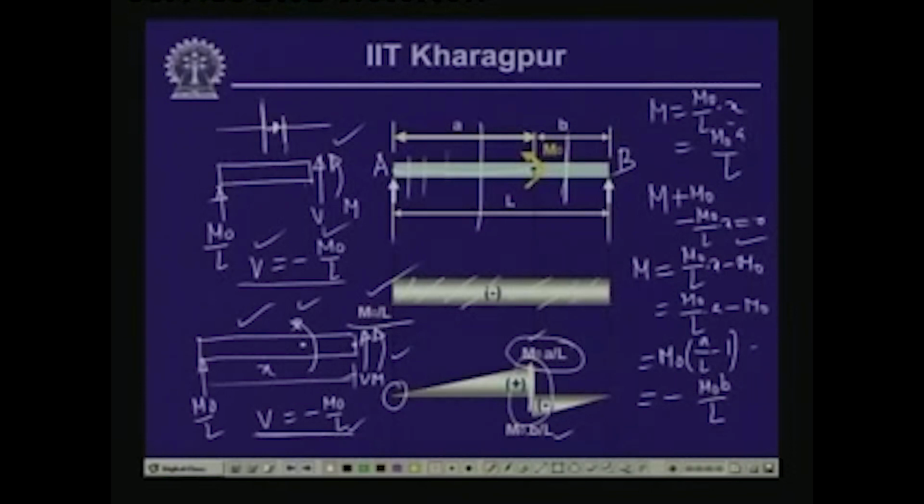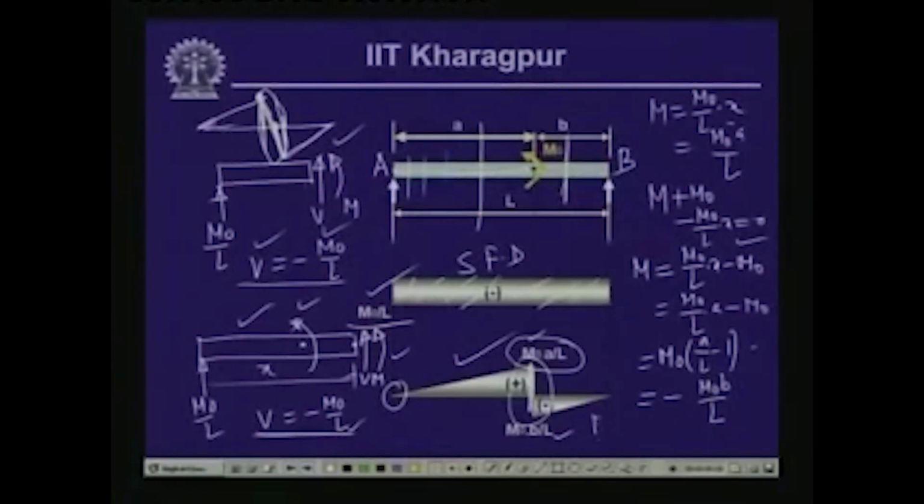On the left hand side we have got a positive m0 a by L, on the right hand side we have got negative m0 b by L, and basically the variation is something like this. So, here it is going from 0 to this value, then it is varying like this, and from this to 0 value. Now, this particular distance being very small, we approximate that as a straight line instead of that inclined line, and this is what is reflected in this particular diagram.